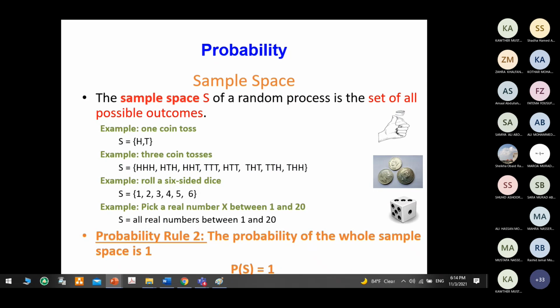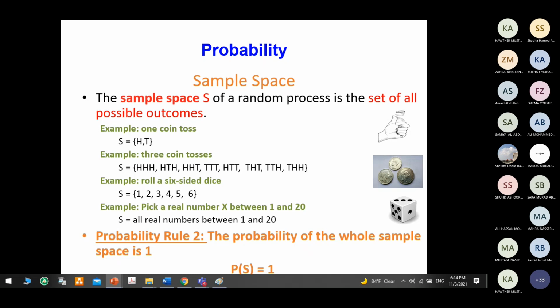Now I defined the experiment. I defined the event. An event is one of the parts of the outputs of the experiment. Now let me define the sample space S. The sample space of a random process is the set of all possible outcomes. What does it mean? Let me ask a question here. If I toss a coin, then I come with either head or tail.